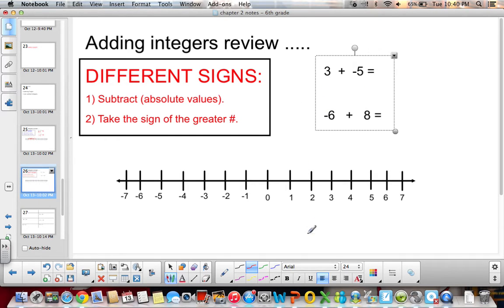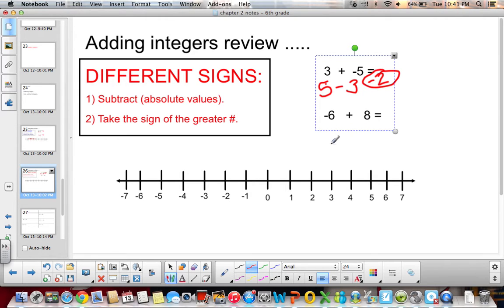So 3 plus -5 tells us we have a positive and we have a negative. Subtract the absolute values, and I'm actually going to do it in order, because when we subtract, we always want the higher number first. So the absolute value of -5 is 5. Minus 3 is 2, and then take the sign of the greater number, or basically the greater absolute value, which is 5, and this is -5, so our answer then is -2.